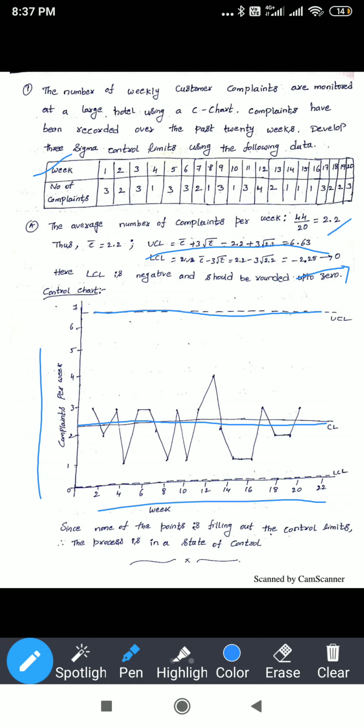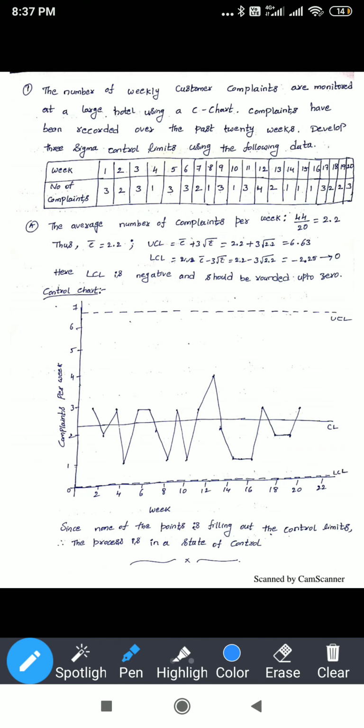We are taking it as 0, that is clearly the x-axis. Then plot the points. The first point is 1, 3. The second point is 2, 2. And the third point is 3, 3. Like this, we plot the points.